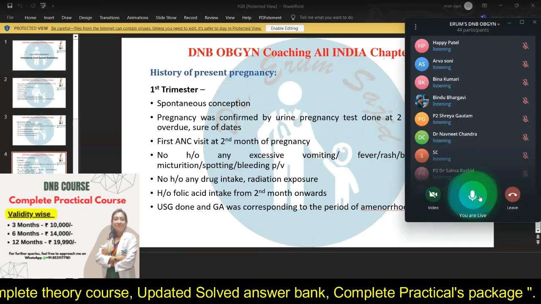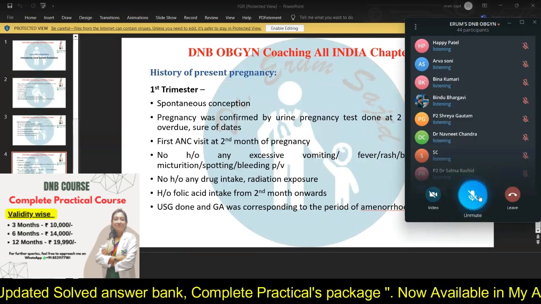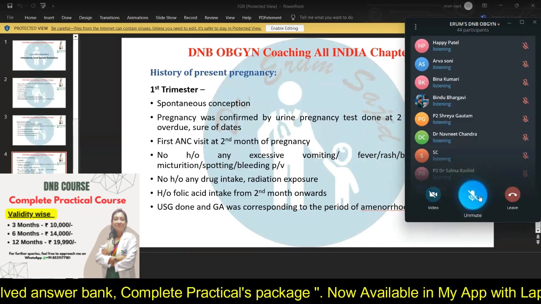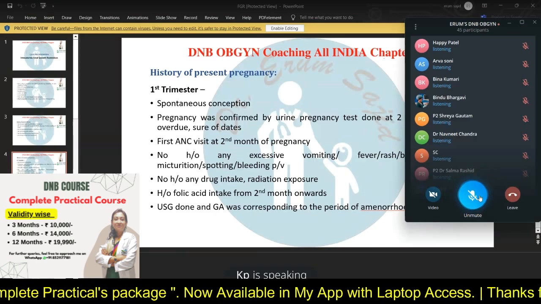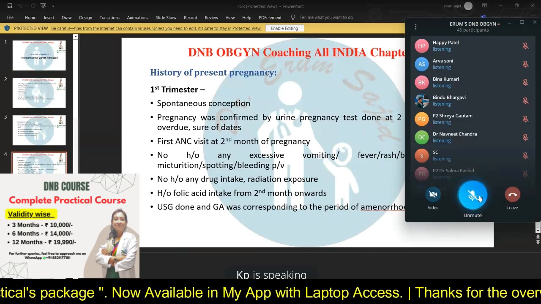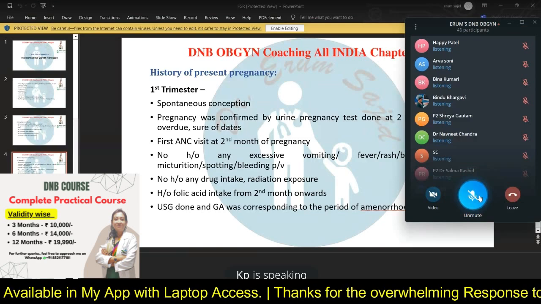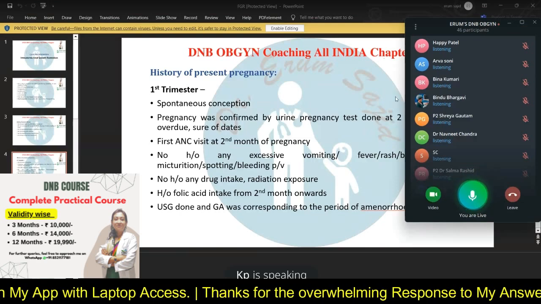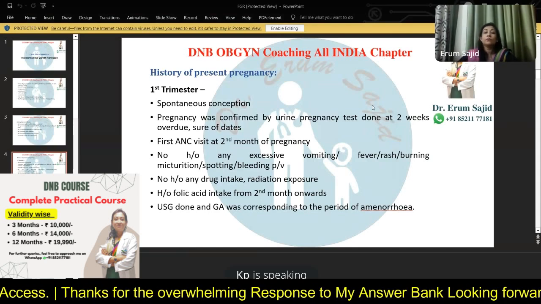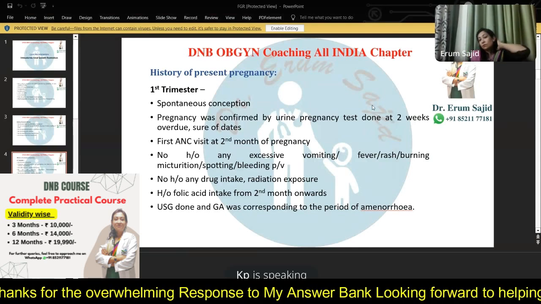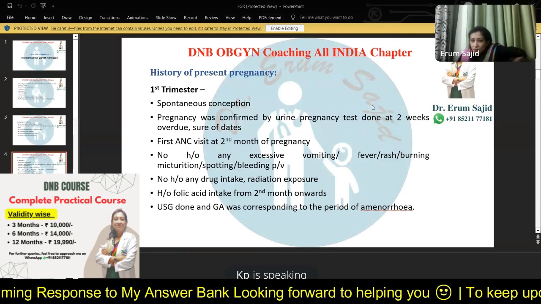Anything specific that you would want to know in the first trimester history over here? Ma'am, in the first trimester, the usual risk factors are like if the patient's BMI is less than 18.5, or her age is more than 40 years, or there is any history of infection like chickenpox or herpes, or any recurrent bleeding in the first trimester.